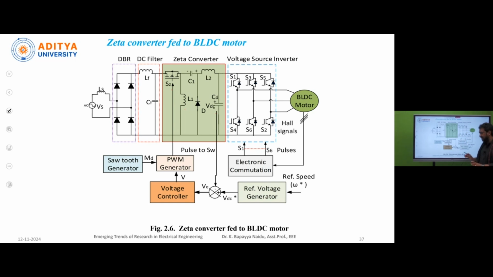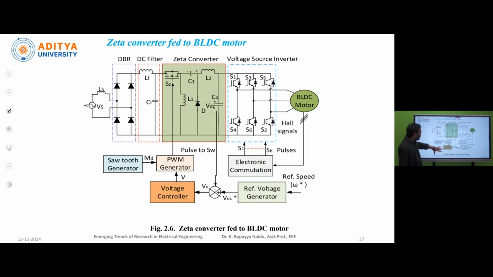But in this case, you have to remember that particularly whenever it is connected to this BLDC motor, compared to the SEPIC converter, the zeta converter has less efficiency. It is also working and it can also improve the power factor, but compared to SEPIC, the zeta converter has less efficiency. Why? Later we will discuss. First we go through this zeta converter.